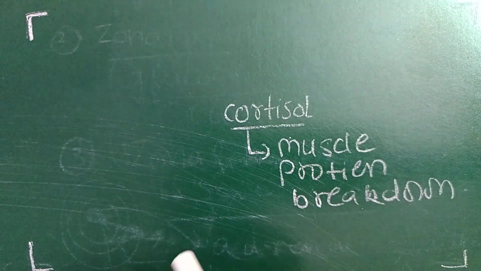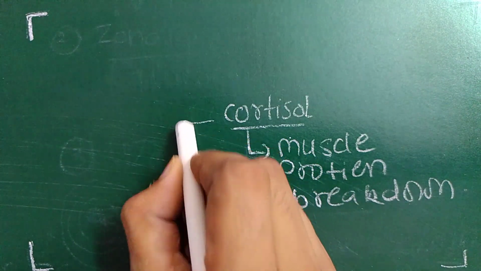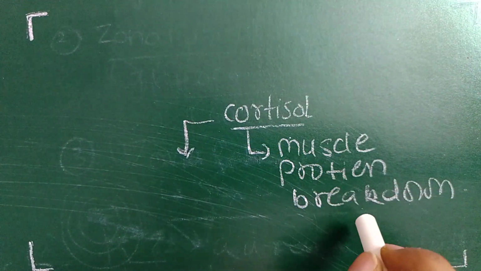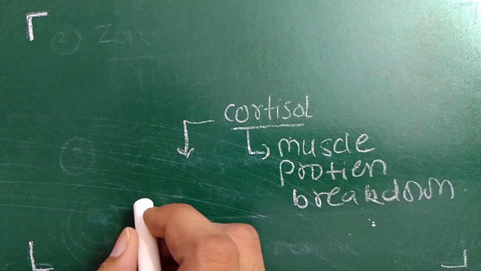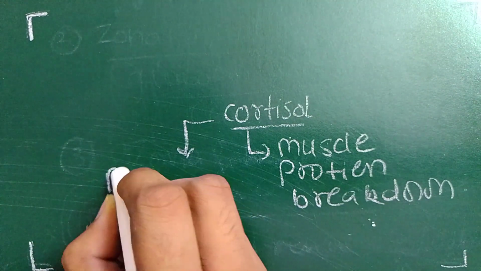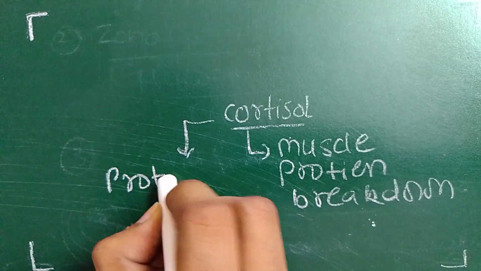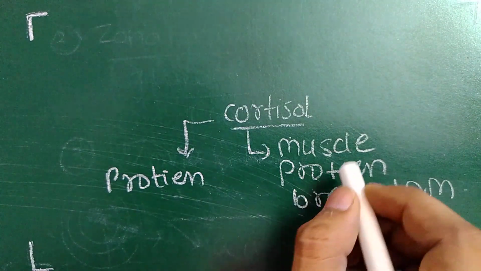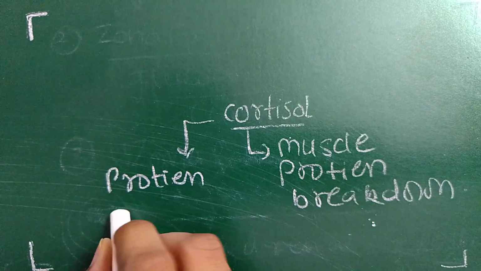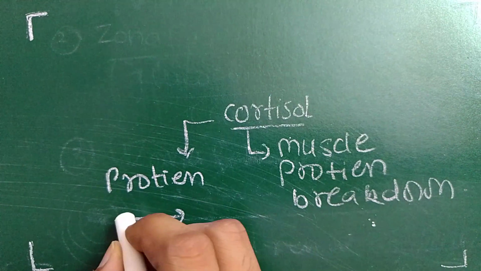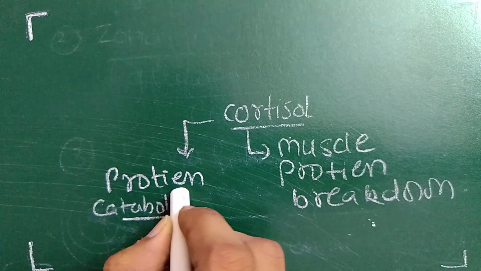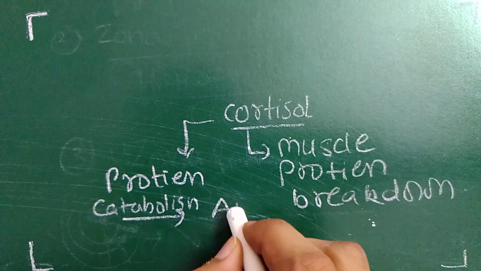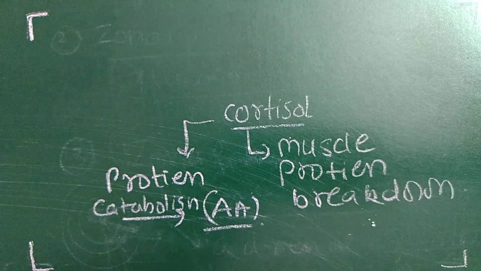This is known as proteolysis, and it also converts protein into amino acids by catabolism.